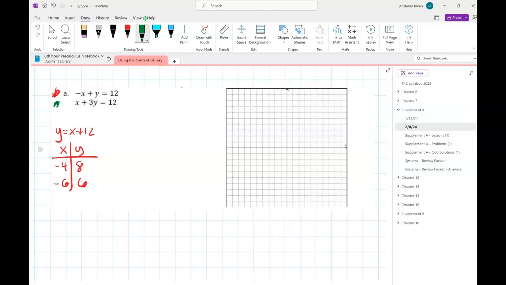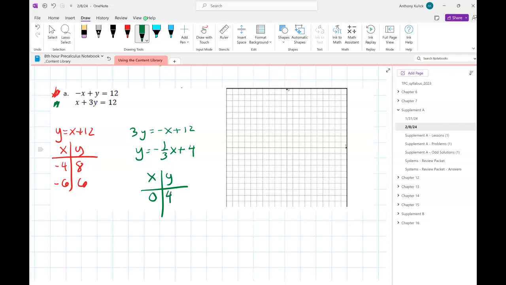All right, what do we do for another one? The green now. Subtract x. And then what? Divide by 3. Okay. Let's get some x's here. What do you want to use? So 0, 4.